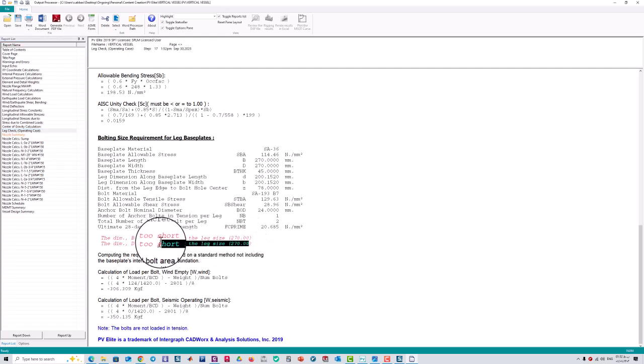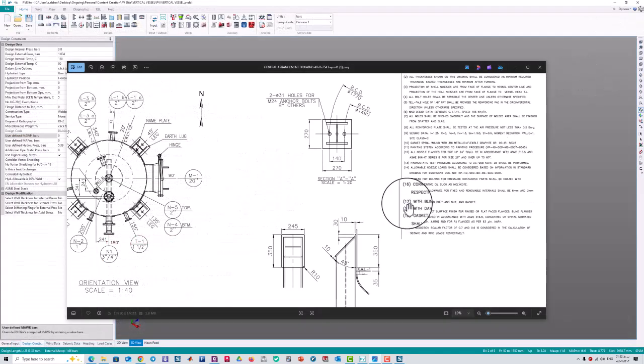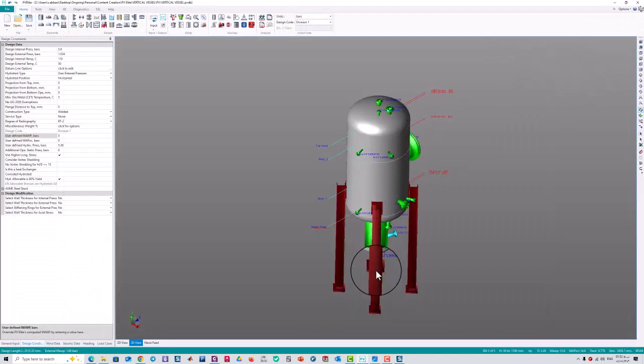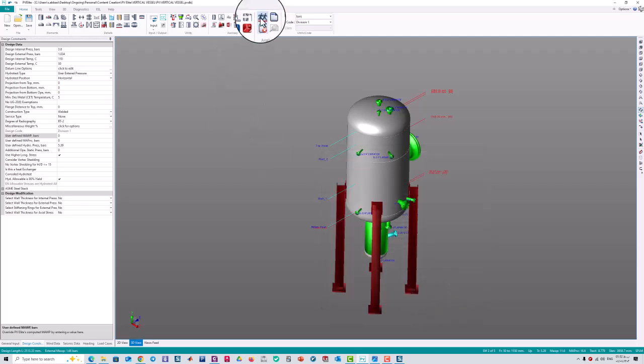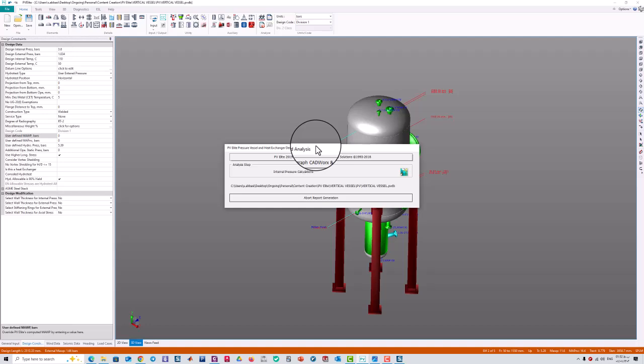And the initial dimension for the base plate is not correctly selected. We have to modify it. 300. Click OK. Run again.